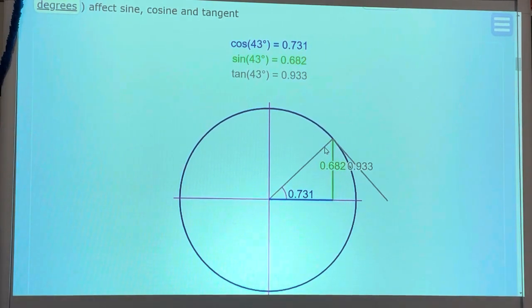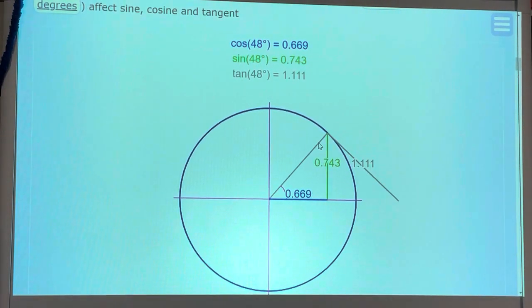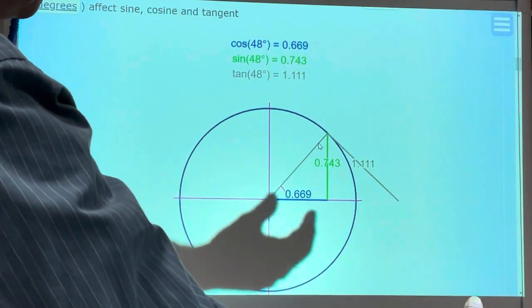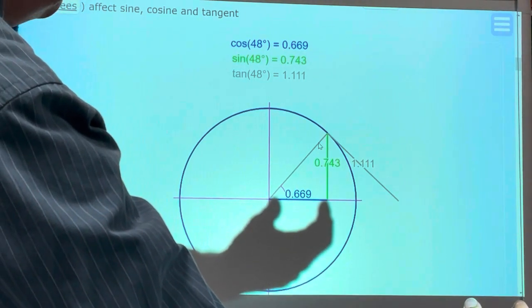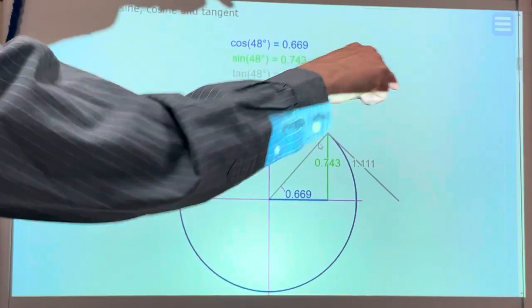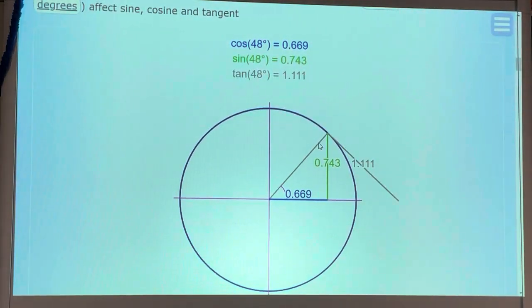Well, as you look at it, the blue is a width of 0.669. Well, cosine of that angle, 48 degrees, is 0.669.